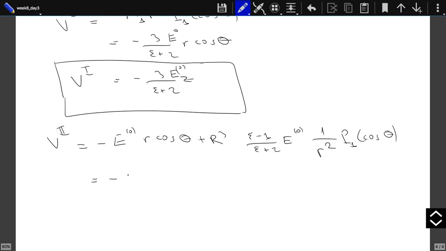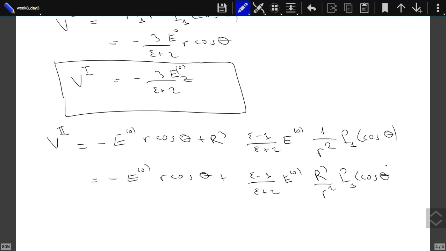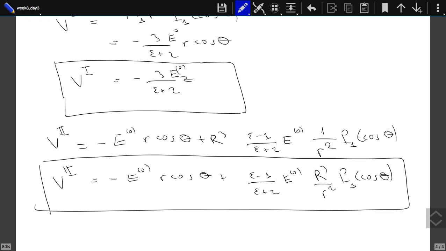This is minus E0 R cosine theta plus epsilon minus 1 over epsilon plus 2 E0 R cubed over R squared P1 of cosine theta. So you see, the first term is already the applied electric field. This corresponds to the external electric field.